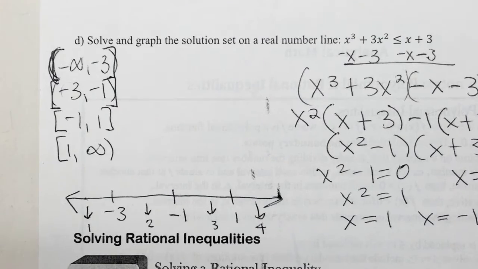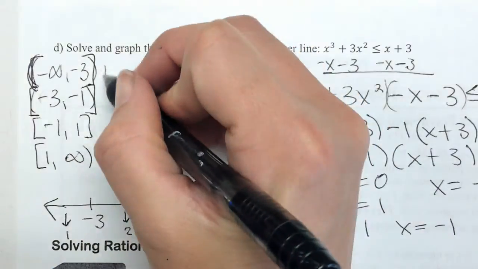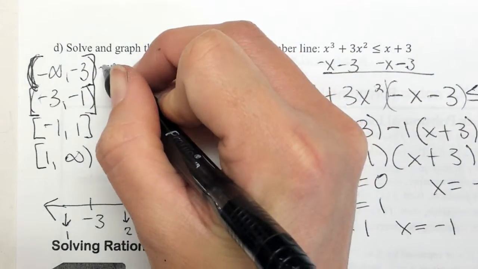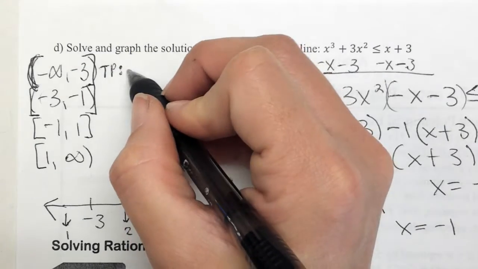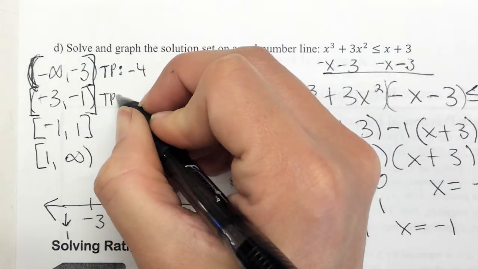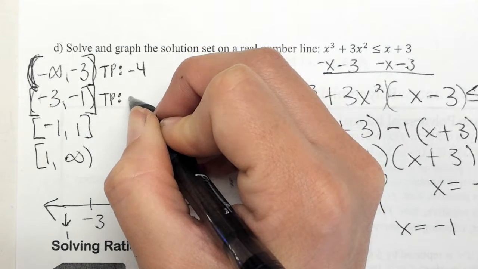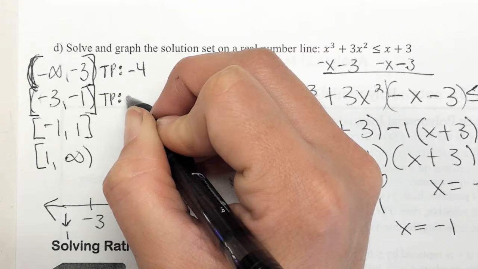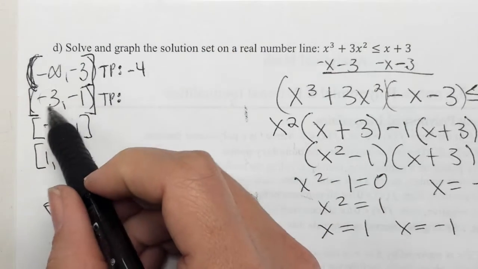Ransom, give me a test point in this interval. Good. Alyssa, give me a test point in this section. One's not between negative.